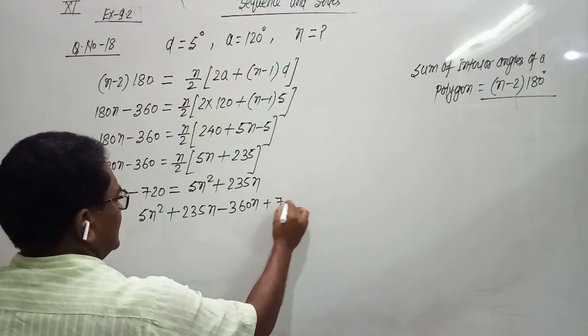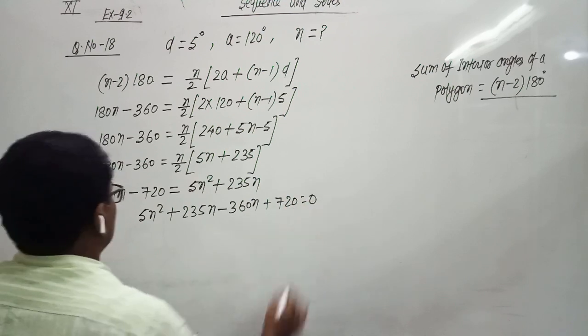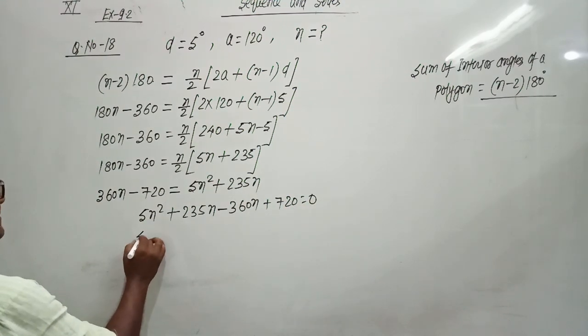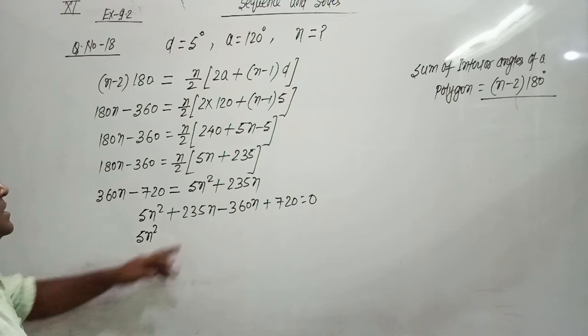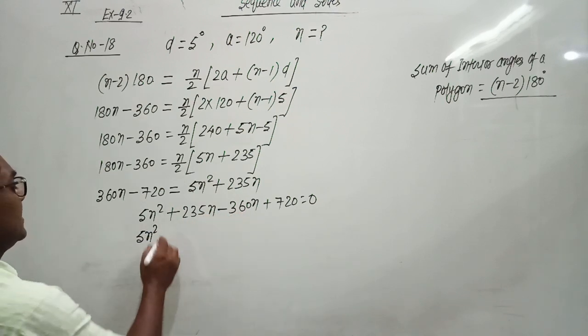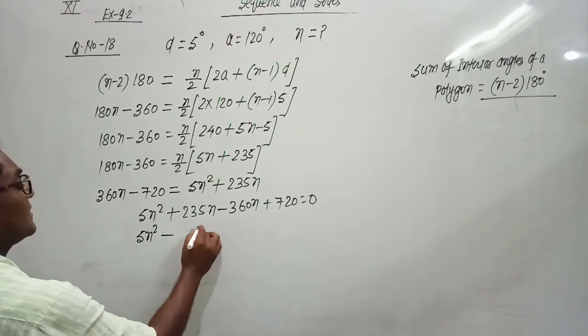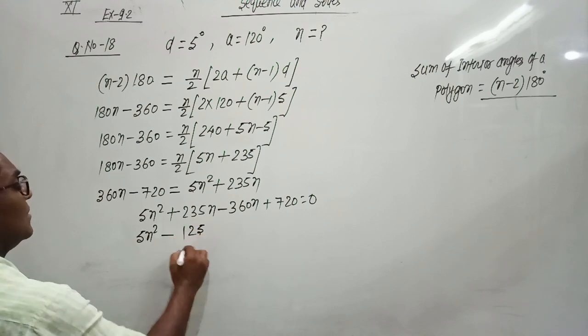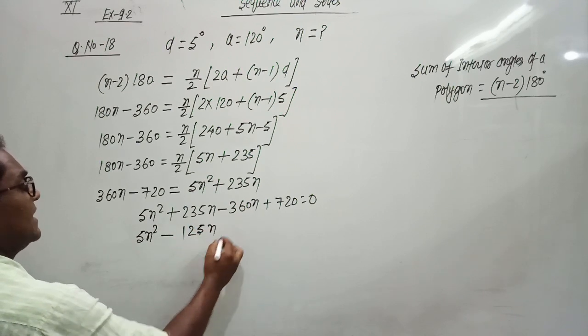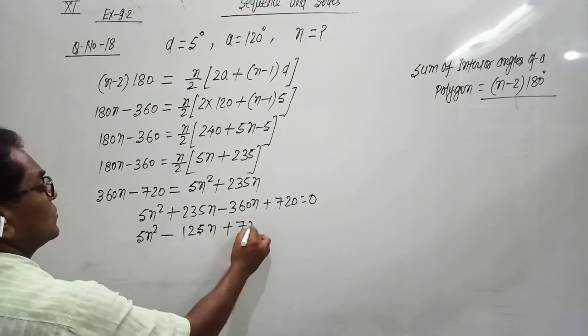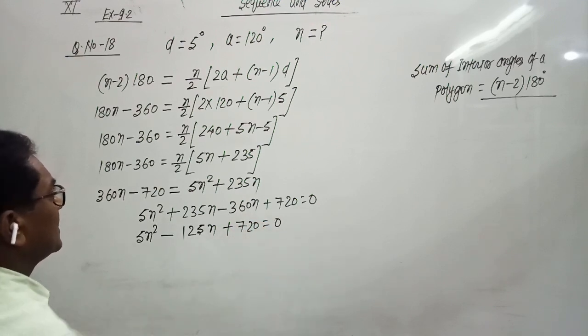It becomes plus 720 equals 0. So 5n square, 235 minus 360, minus 125n, and plus 720 equals 0.